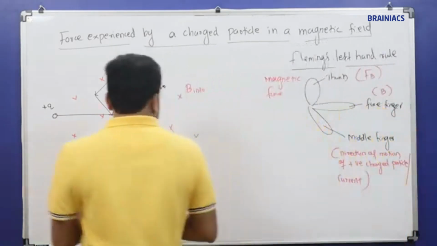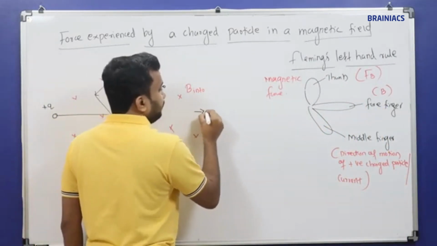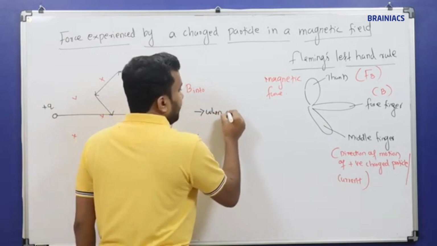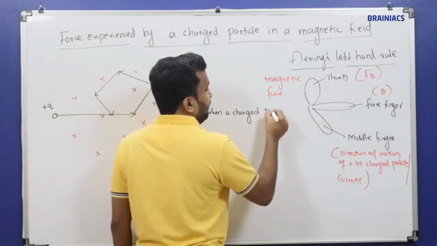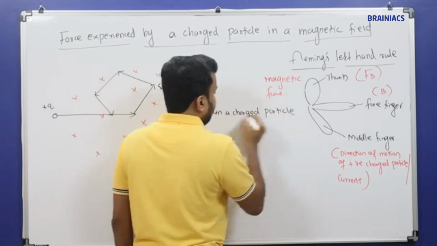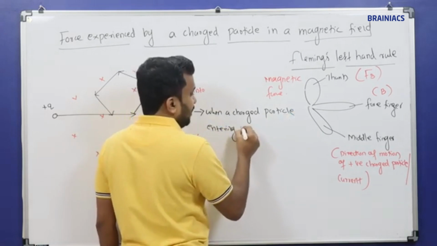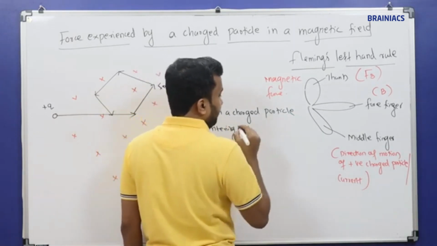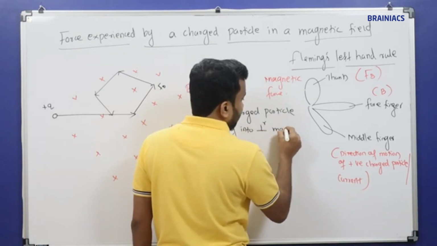So let's list down the points. The first point: when a charged particle enters into a perpendicular magnetic field.